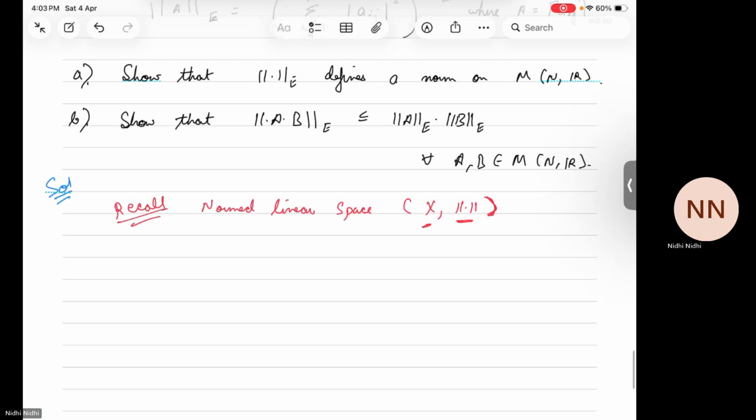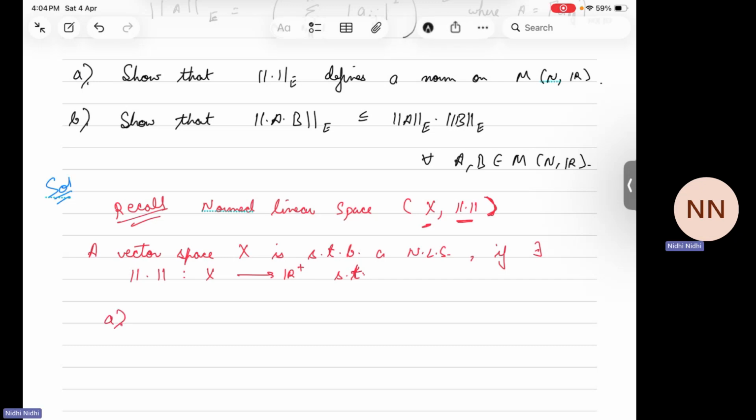Vector space, I hope you are all familiar with the term vector space. A vector space X is said to be a normed linear space if there exists some function from X to R plus such that this function satisfies some specific conditions, which were motivated by the modulus function.